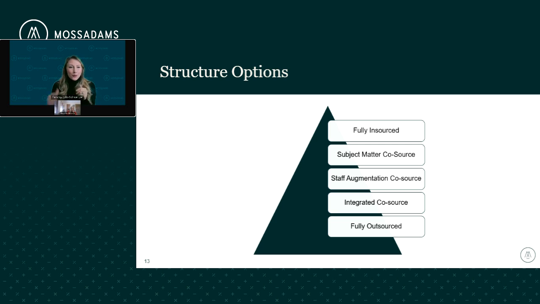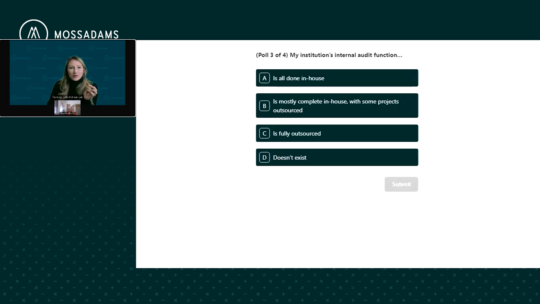And so we are going to talk about this, but before we do, we're going to give you another polling question. We want to know what your internal audit function looks like today. So is it A, all done in-house? Is it B, mostly done in-house, although some projects might be outsourced? Is it C, fully outsourced? Or D, your internal audit function does not exist?